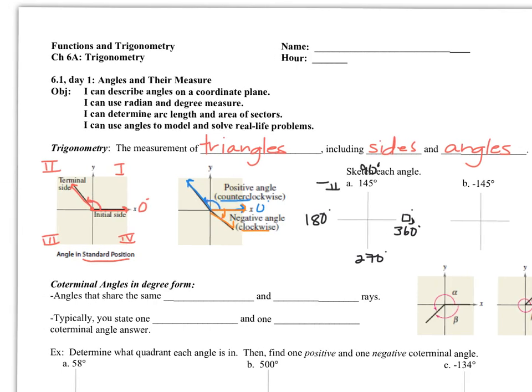So if we start with our initial ray on that right-hand side at 0, and we want to rotate 145 degrees, well, that's definitely bigger than 90. It's getting closer to 180, so we'll approximate it maybe like right there. That would be a positive 145-degree measure. If we change direction and have a negative angle, that really just means we're changing where it's going to end up.